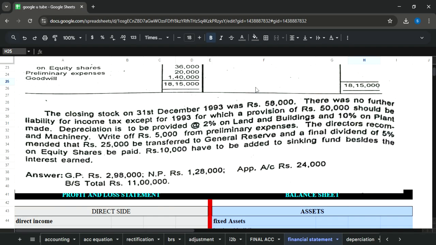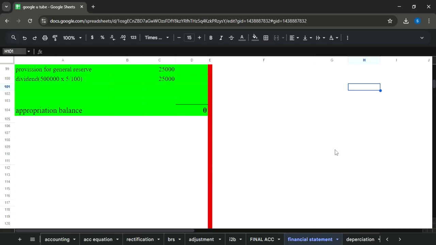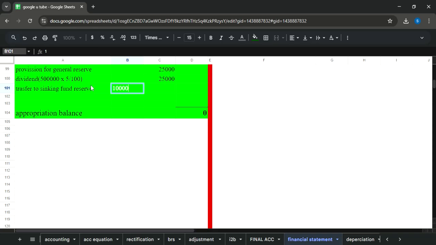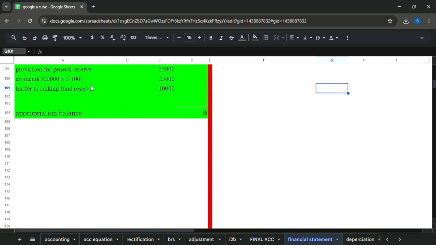Now we will see what is next. 10,000 have been added to sinking fund. Again appropriation nature, and we will say transfer to sinking fund reserve, the amount of which is 10,000. Alright guys, so the first effect is completed, and now we will see what next.